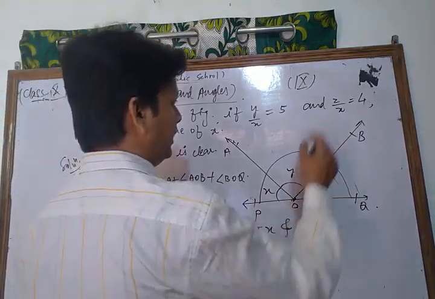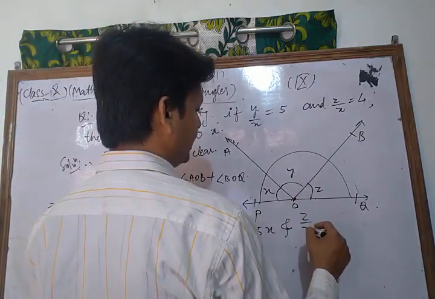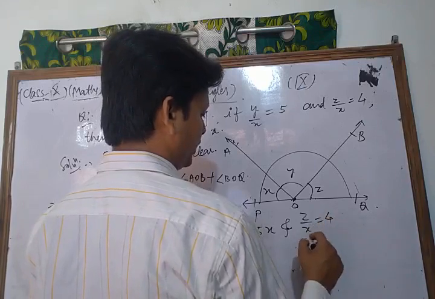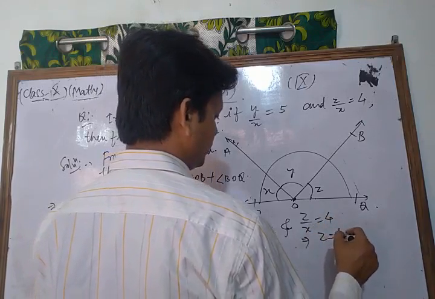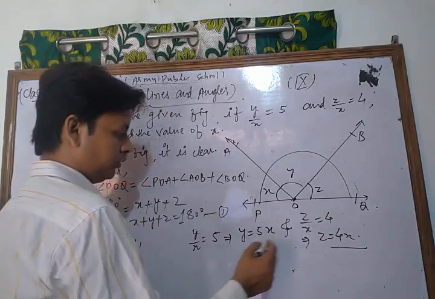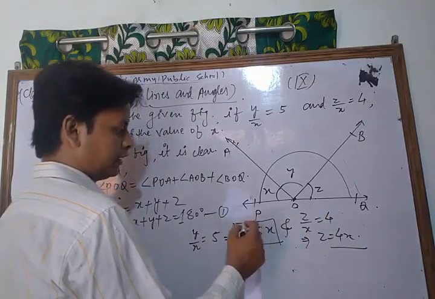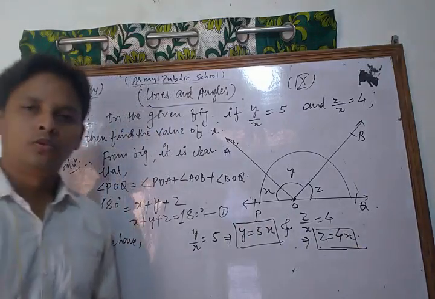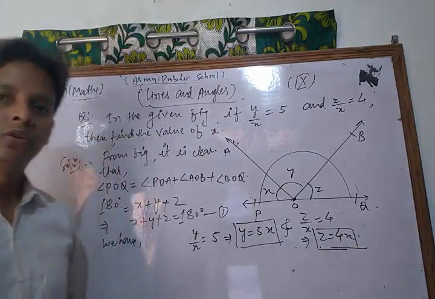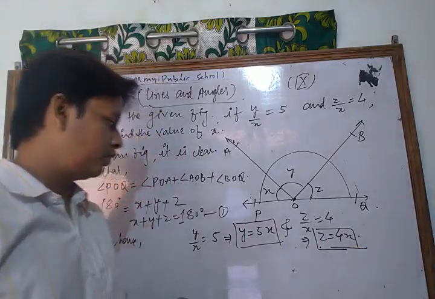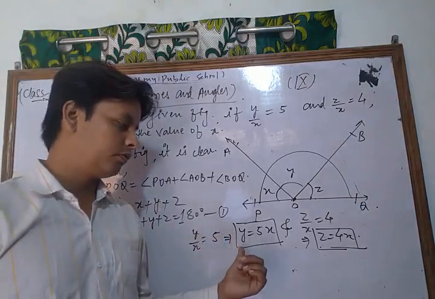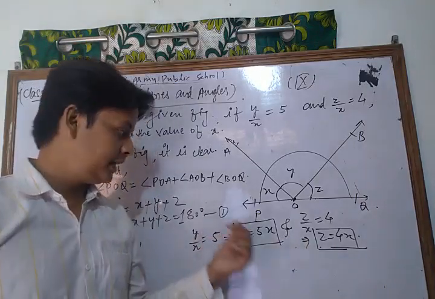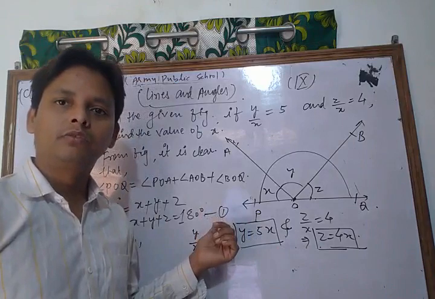Another relation is given as z upon x is equal to 4. So from there we get z is equal to 4x. So we get the relations y is equal to 5x and z is equal to 4x.